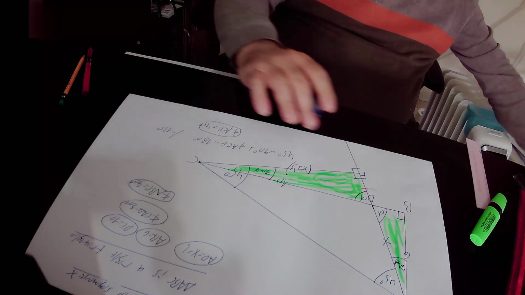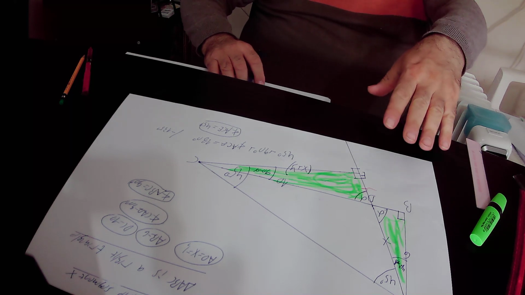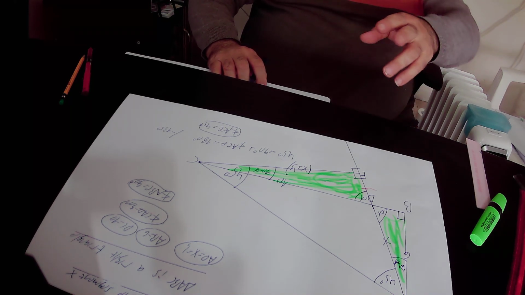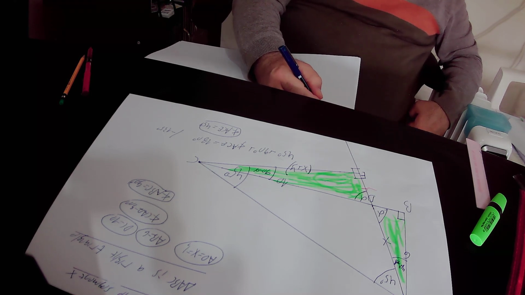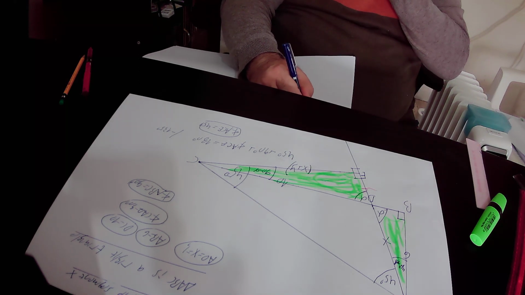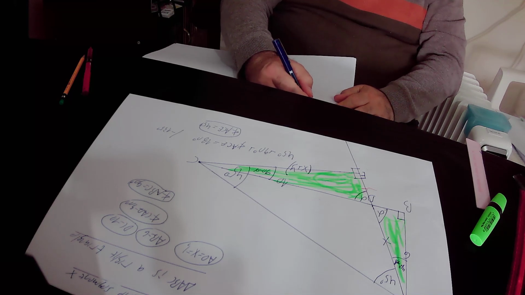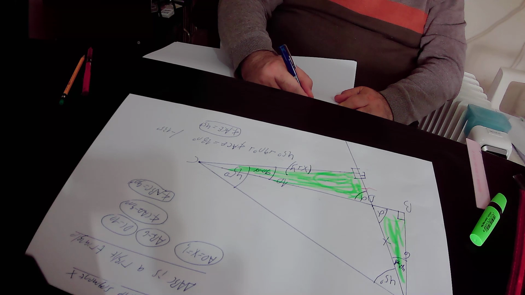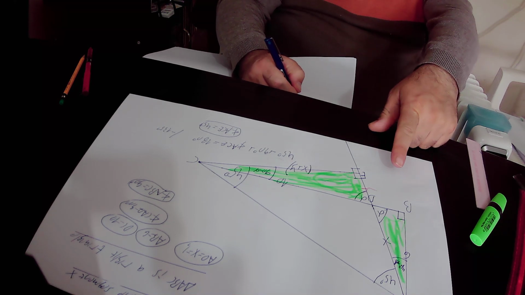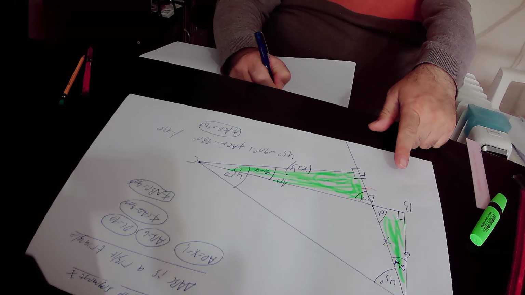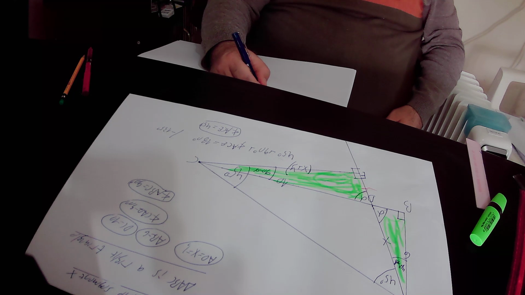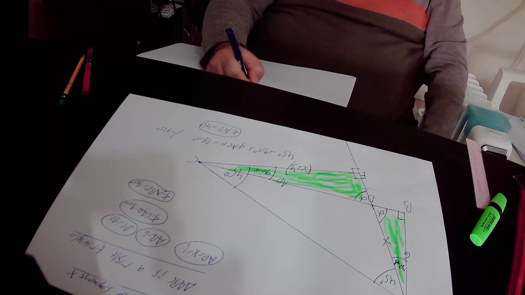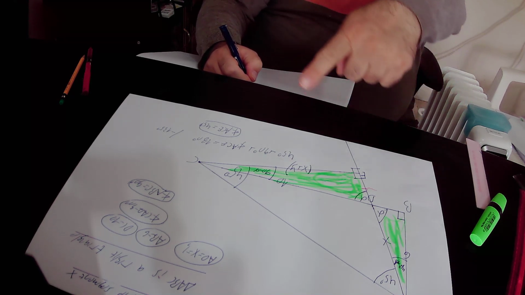And from the fact that those two right triangles are similar to each other, we conclude that the following relationship exists between their sides: AB over EC is equal to BD over DE, and it is equal to AD over DC.